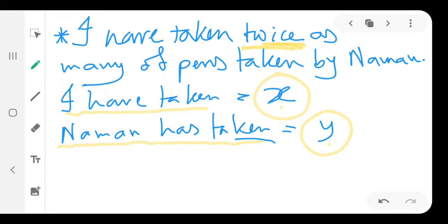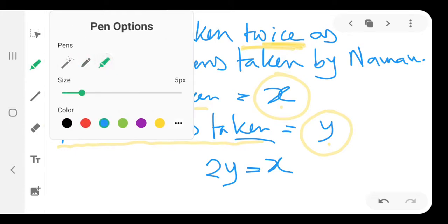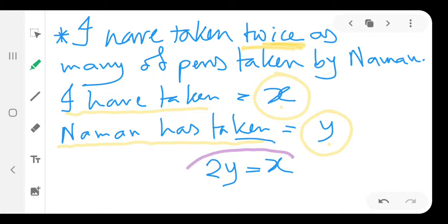Whatever I have taken is twice of Naman. So if I multiply 2 with whatever Naman has taken, what I will get? I will get how much I have taken, right? This thing is very, very important. This is called a condition.